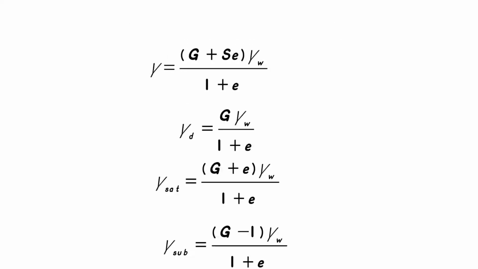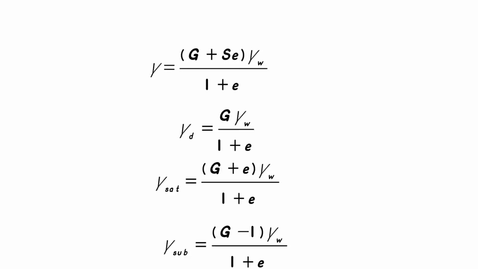Alright. And the relationships are gamma is equal to G plus Se divided by 1 plus e, the whole into gamma W. Then you have gamma D is equal to G gamma W divided by 1 plus e. This gamma D is equal to G into gamma W divided by 1 plus e can be obtained as the degree of saturation S is equal to 0.